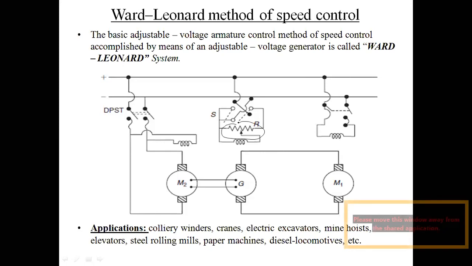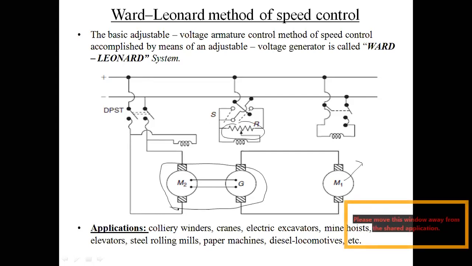We will see the procedure, how it works, how we vary this voltage and how the speed is controlled. Here, this motor is a variable speed motor. This M1 is the main motor, and this M2 and G form a motor generator set.